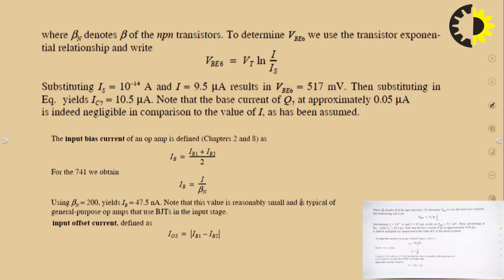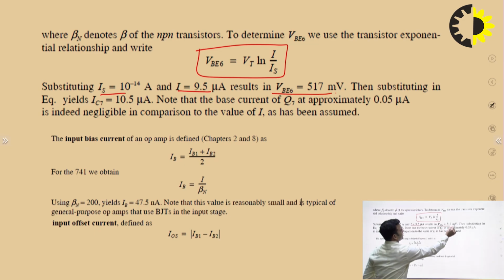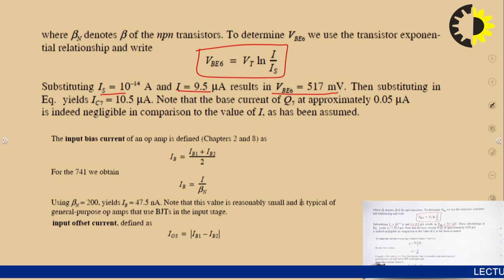For transistors, we know that the base emitter voltage is equal to VT ln I divided by IS. You know IS, and you have already found out I. So you can find out that VBE6 is equal to 517 millivolt. If you put this in the previous equation, you can get IC7.